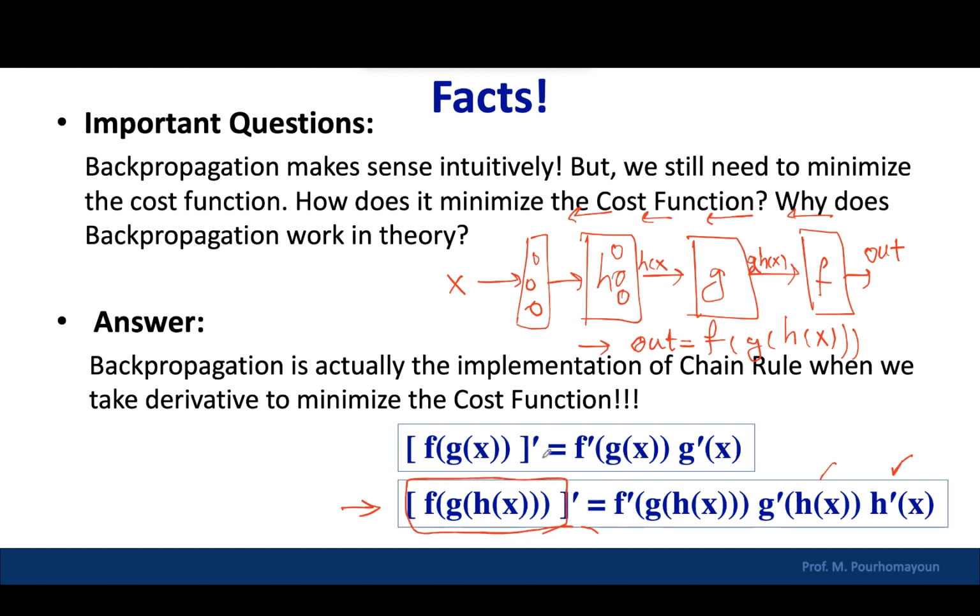I'm taking the derivative of this function, which is F of G of H. To do that, I have to first calculate the derivative of F and then go one level backward to calculate the derivative of G, and another level backward to calculate the derivative of H. That is why I move backward in the network.